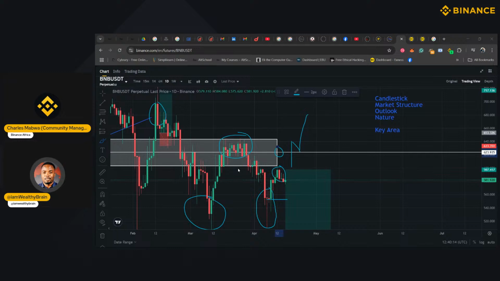Then the use cases also apply. Investment decisions for fundamental analysis. Then entry or exit timing of trades for technical analysis. So if you know how to use it, then you'll be able to apply it at the right time for it to give you the best decision.